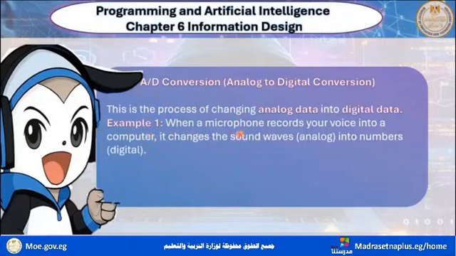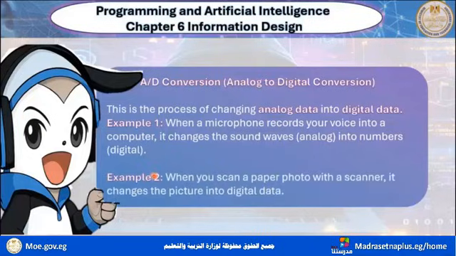When a microphone records your voice into a computer, it changes the sound waves, analog, into numbers, which is digital. Example 2. When you scan a paper photo with a scanner, it changes the picture into digital data.